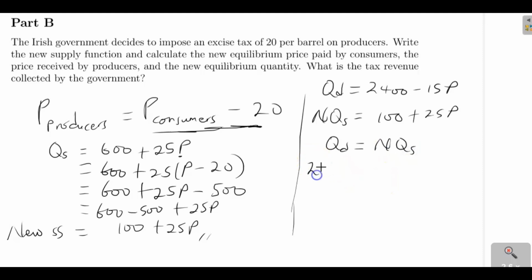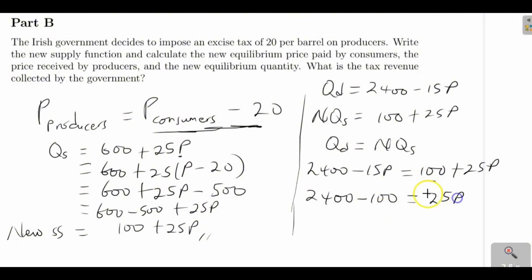So we are going to have 2,400 minus 15p equal to 100 plus 25p. And here too, we are going to do some change of subject. I'm going to move this 100 to the other side. So we are going to have 2,400 minus 100. It is positive here, so when it crosses the equal sign, it becomes negative. Then on the right hand side we have 25p. This is negative, so when it crosses, it becomes plus 15p.